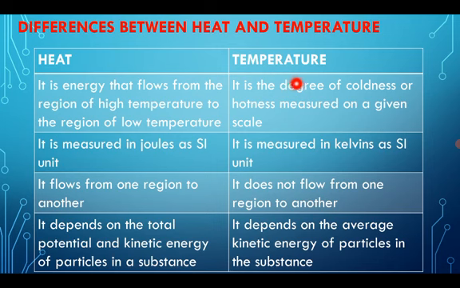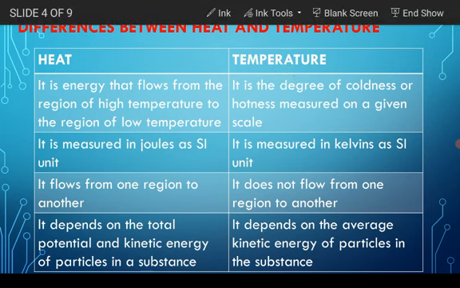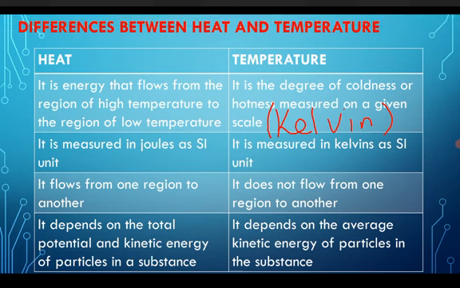On the other hand, temperature is simply the degree of coldness or hotness measured on a given scale. The given scale can be a Kelvin scale or a Celsius scale. Usually you have thermometers that are calibrated in kelvins, as well as those calibrated in degrees Celsius.